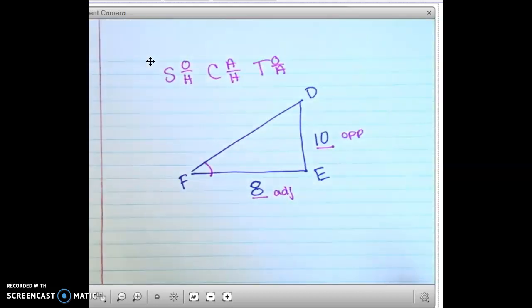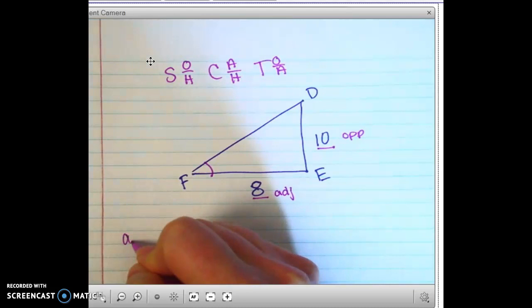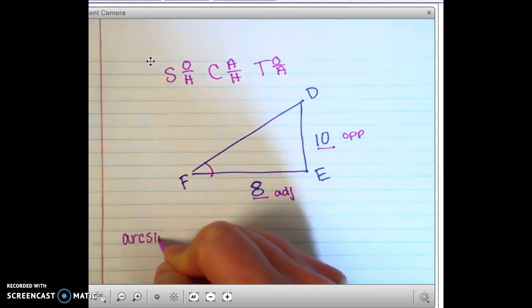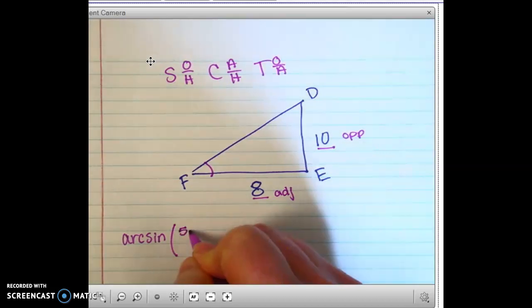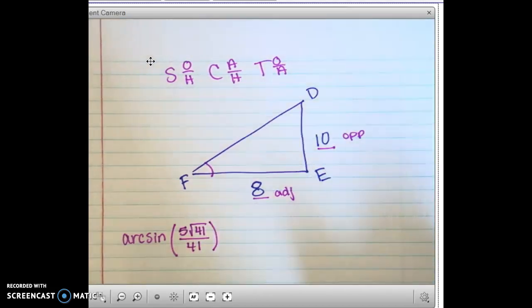Here are your answer choices. Arc sine 5 square root 41 over 41. Then you have arc cosine 4 over 5.